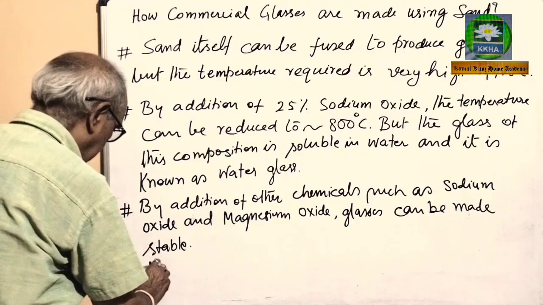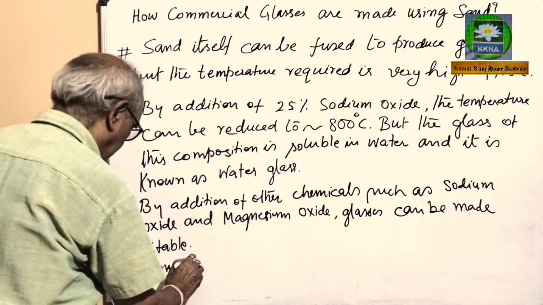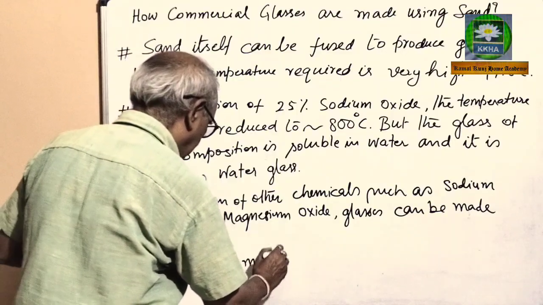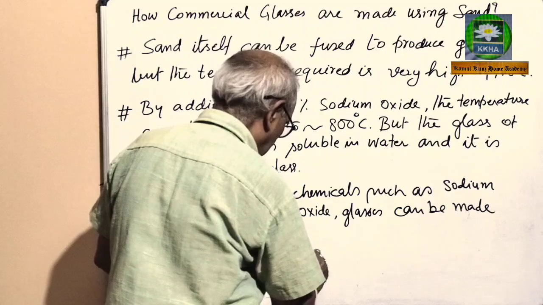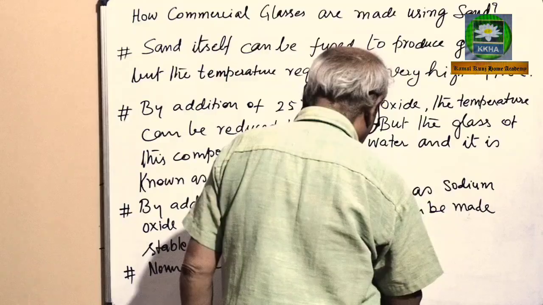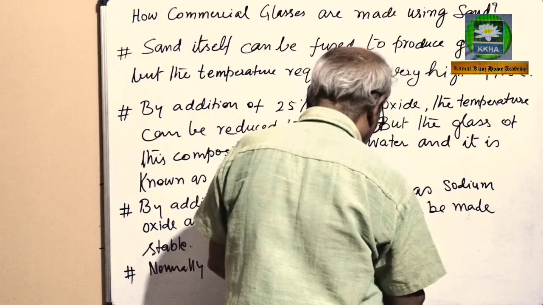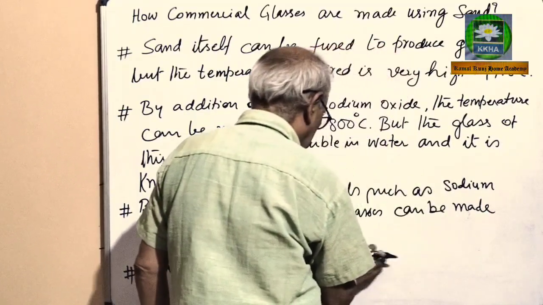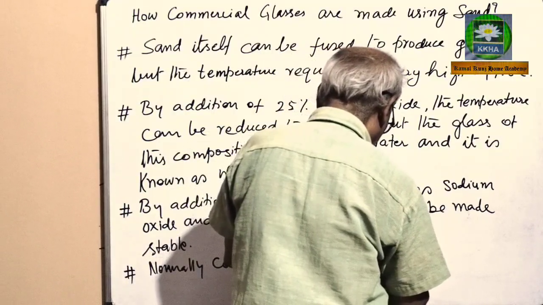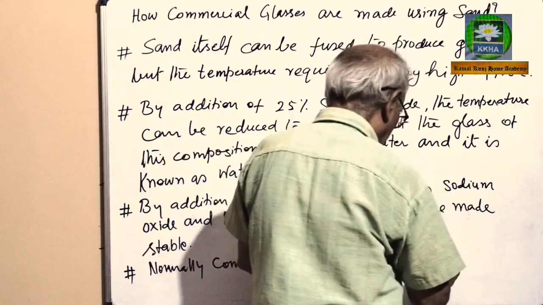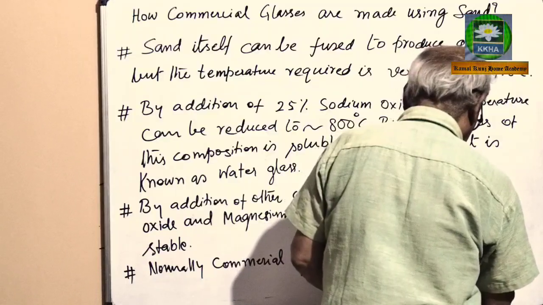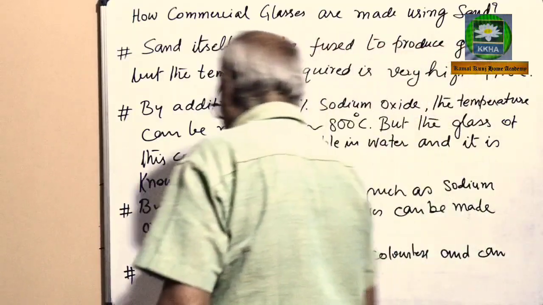Normally, commercial glasses are transparent or colorless, and can transmit light.